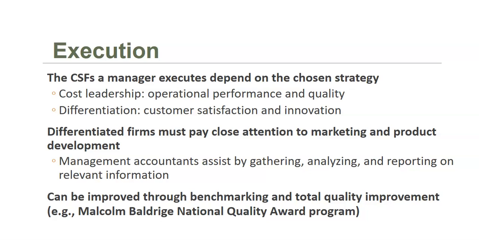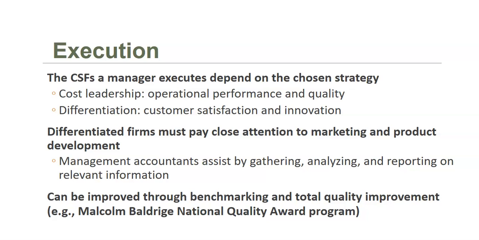So when we have these chosen strategies, then we need to pay attention to how we're keeping track of them. We're going to look at operational performance and quality, customer satisfaction, innovation. We're going to survey our customers and ask them to identify our strengths and weaknesses and ways that we can do better.